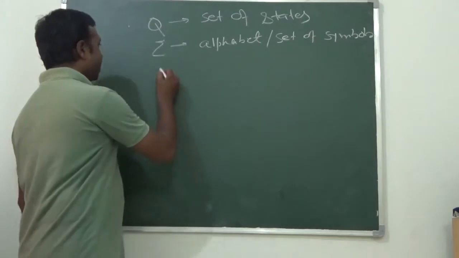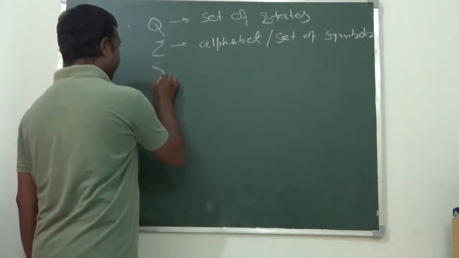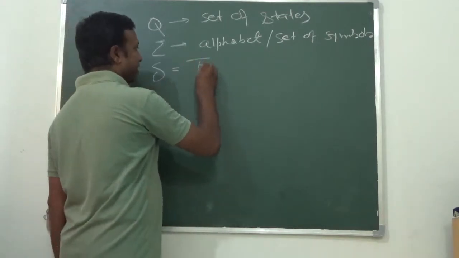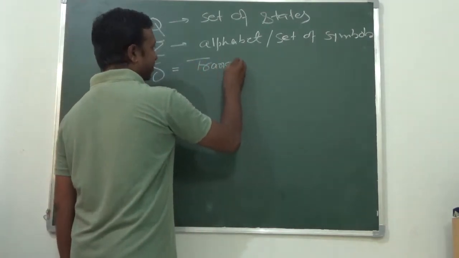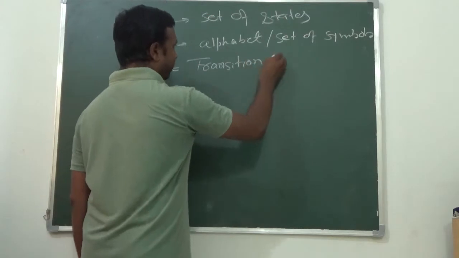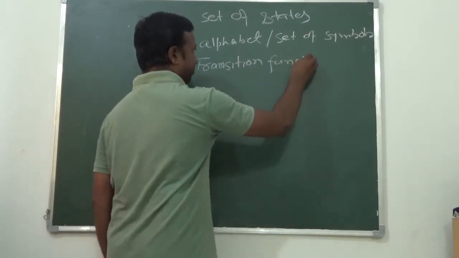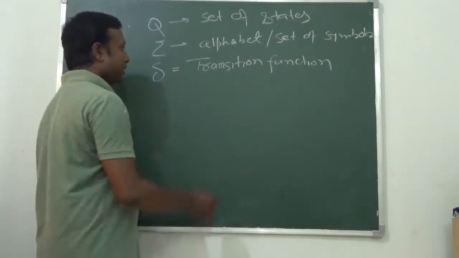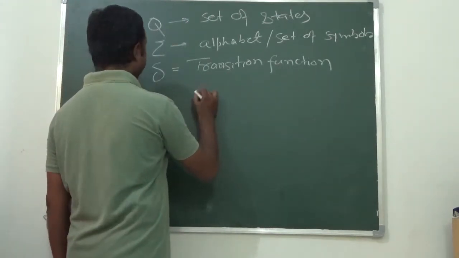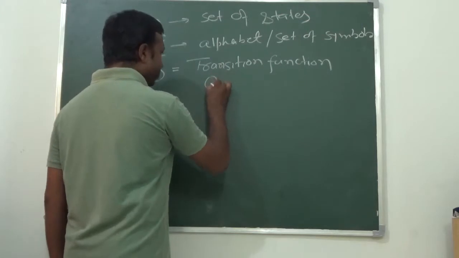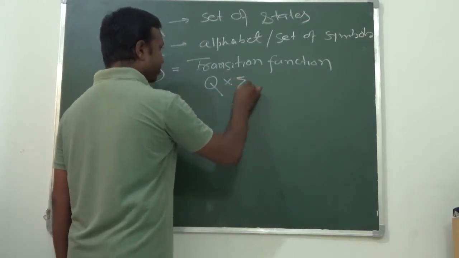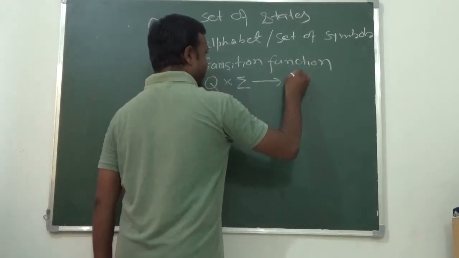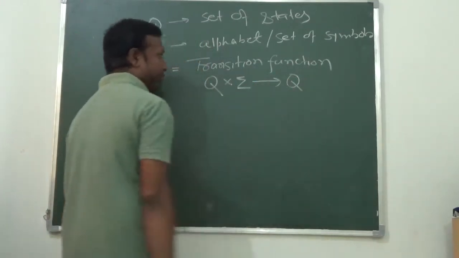Then we have the del. So del is normally called the transition function. And mathematically, what is a transition function? It is basically a function from set Q and sigma which gives you some q, right?